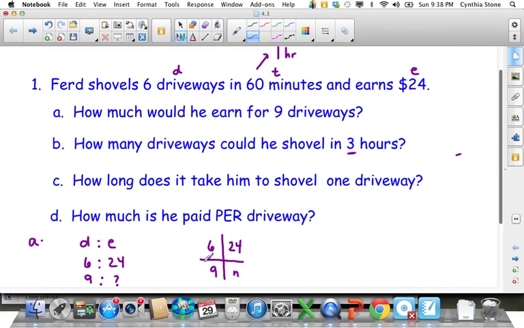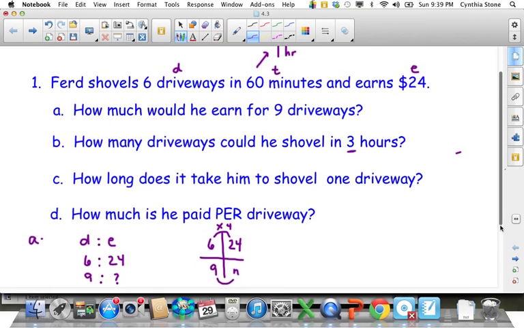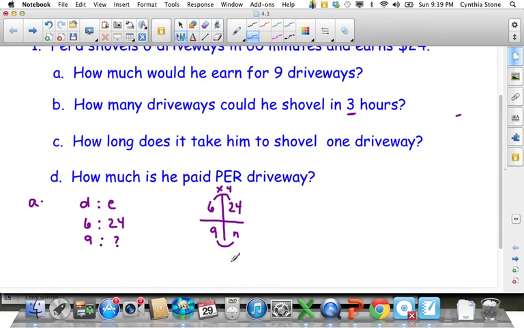And here, again, look for numbers that work nicely, and I know that 6 times 4 is 24. So that means that 9 times 4 will be his earnings for 9 driveways. 9 times 4 is 36.